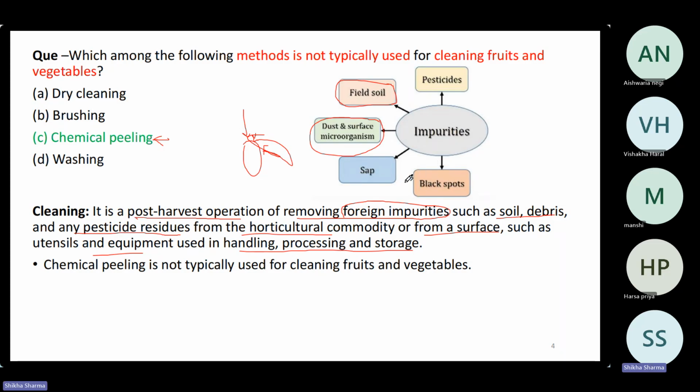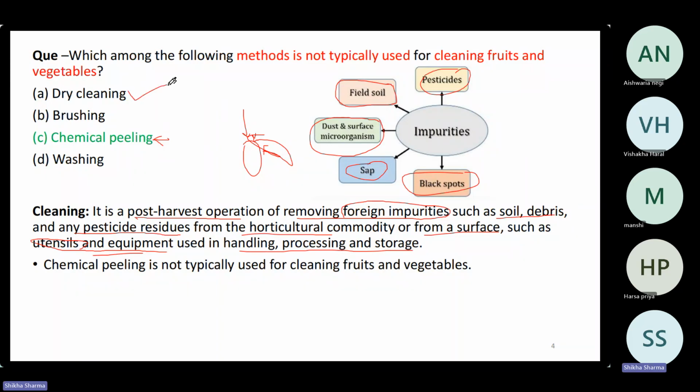Then there are pesticides, which we can remove too. Sometimes there can be black spots or sap, so basic cleaning can clean the surface of the fruits and vegetables. Also, cleaning the handling, processing, or storage utensils and equipment comes under cleaning.